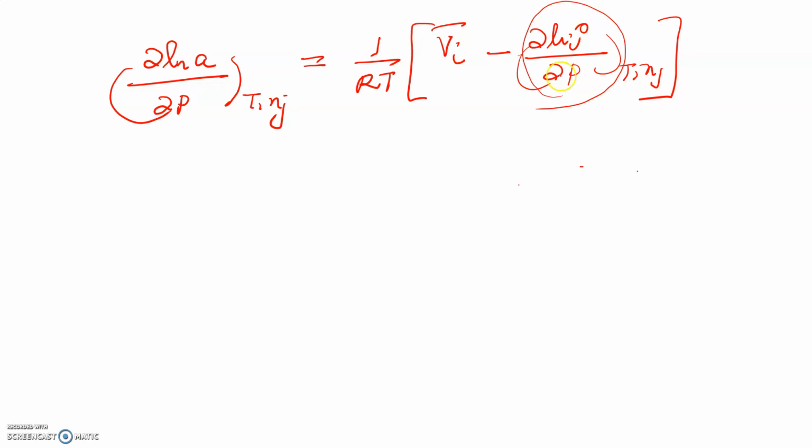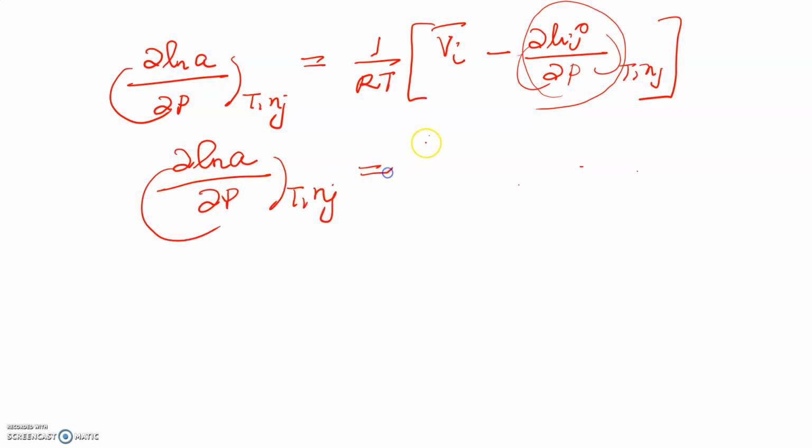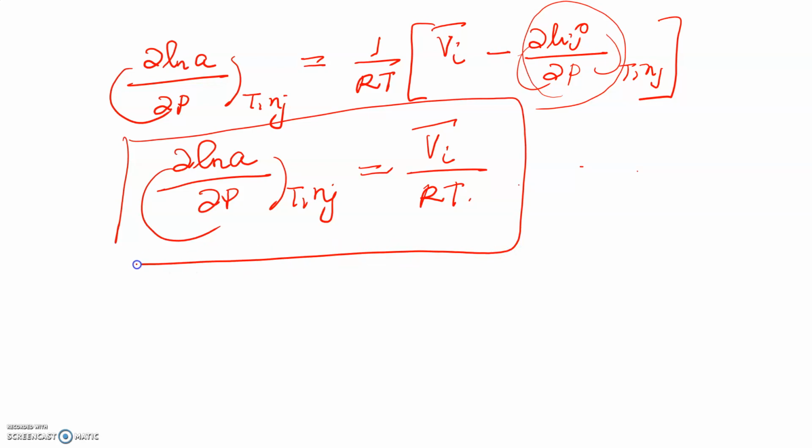That means ∂μ_i⁰/∂P is a constant, that becomes 0. So what we have left is ∂ln a/∂P at constant temperature and N_j is equal to V̄_i/RT. And now this equation gives the variation of activity with pressure. Activity is independent of temperature, but it varies with pressure as per the equation V̄_i/RT.